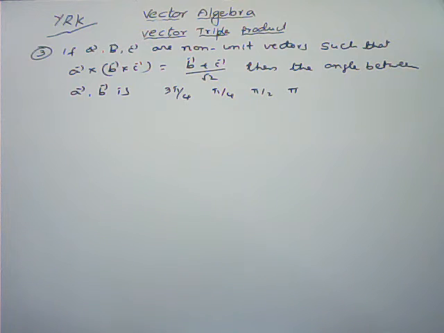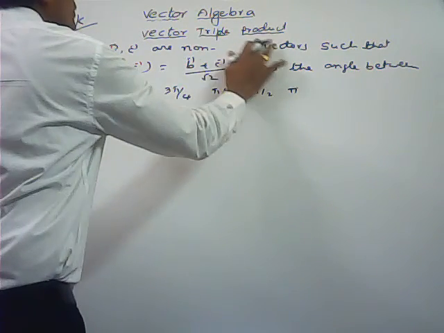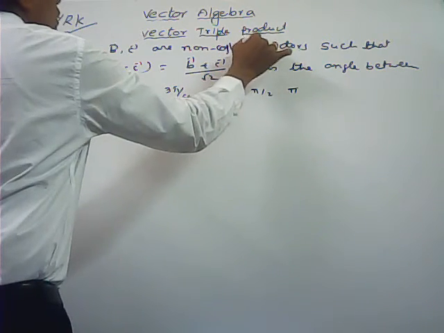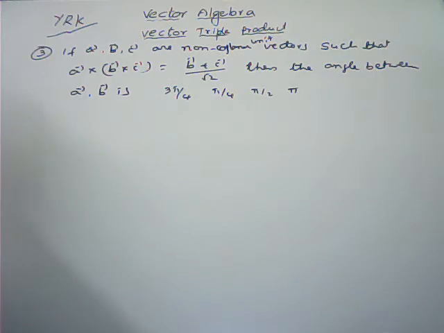Next one: a bar, b bar, c bar are non-coplanar unit vectors, such that a bar cross (b bar cross c bar) equals (b bar plus c bar) by root 2 is given.